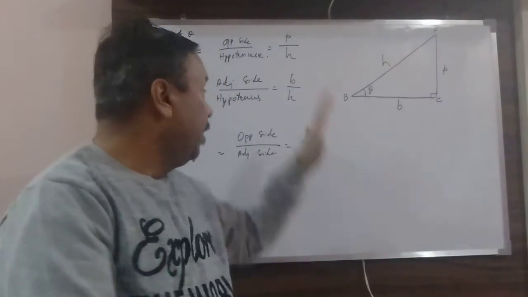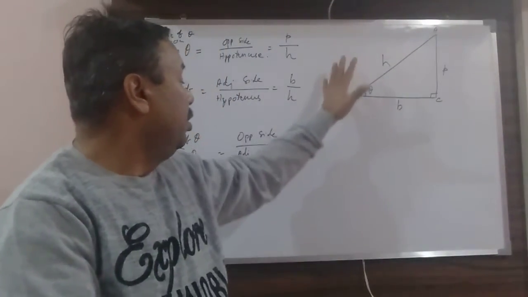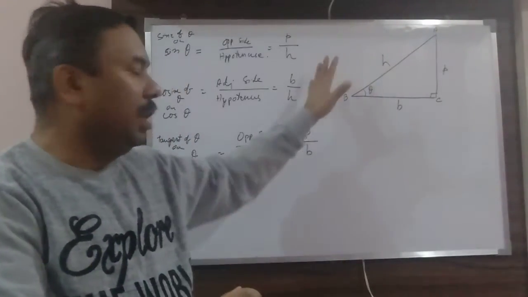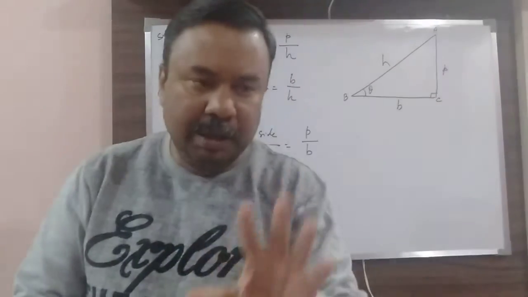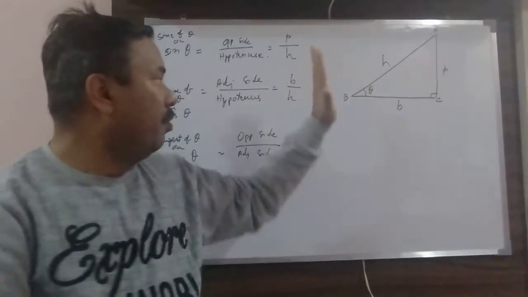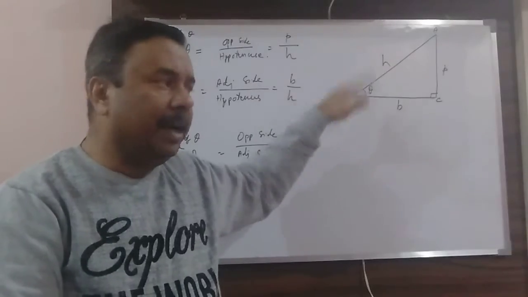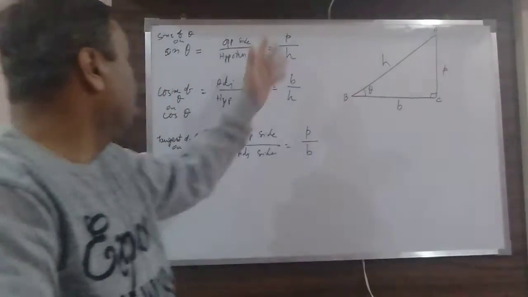Now what if you get the reciprocals of this? As I told you earlier, there are 6 combinations. 3 are like this, and other 3 will be just reciprocals of this.